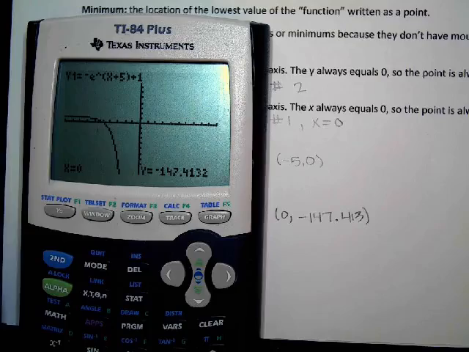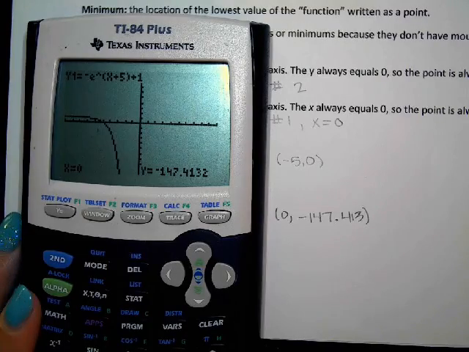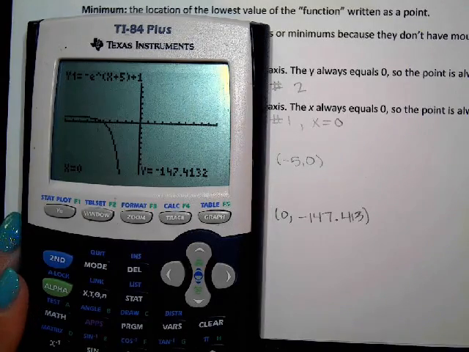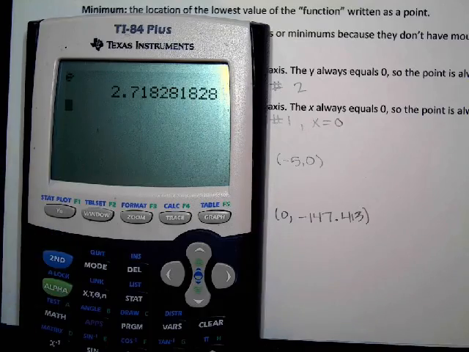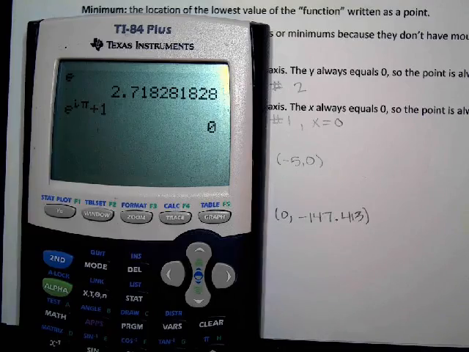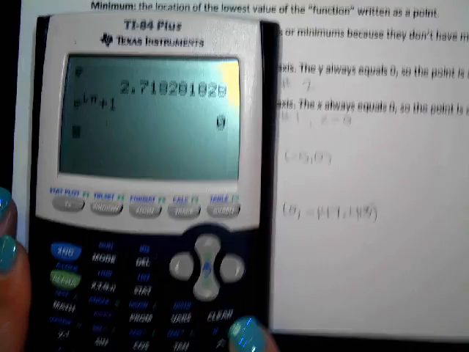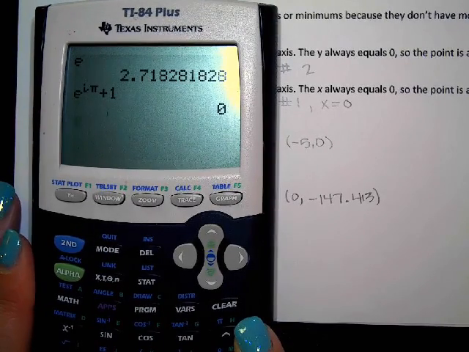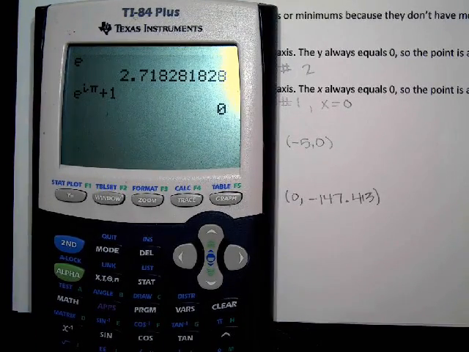E to the i pi plus 1, let's see if our calculators could do that. The i button is above your decimal point. E to the imaginary pi plus 1 is 0. Pi is above the up arrow for your exponent. That is supposed to be one of the most amazing equations in mathematics.